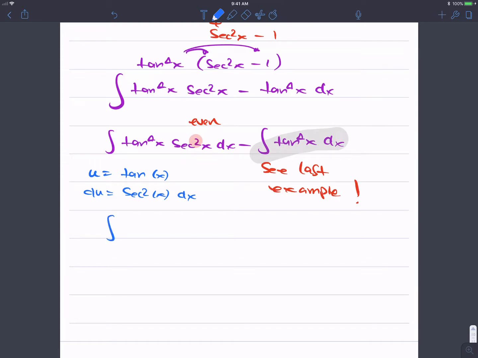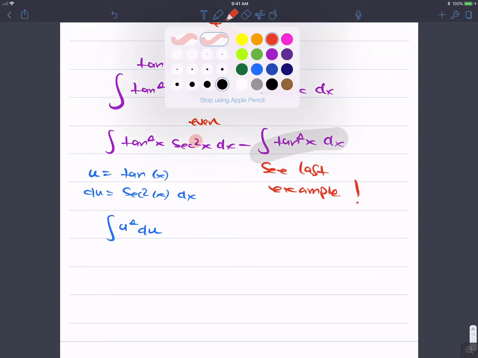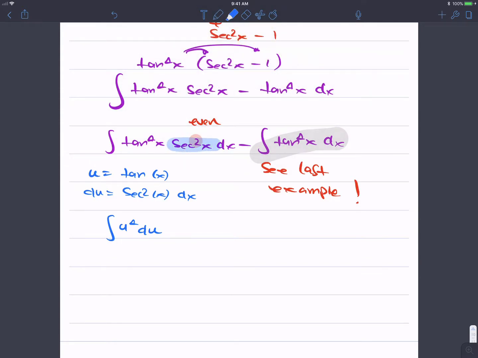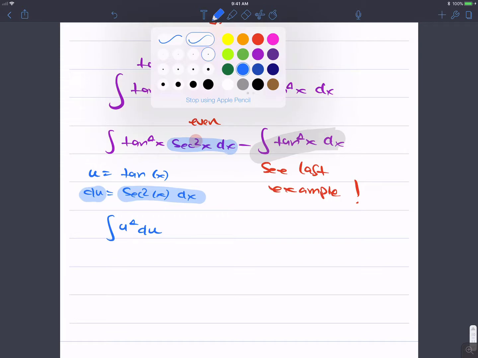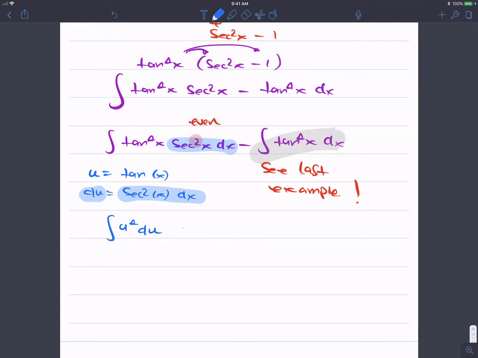So that means I have u to the 4th du, because secant squared dx is really du. Now when you integrate by power rule, this equals 1/5 u to the 5th plus c.